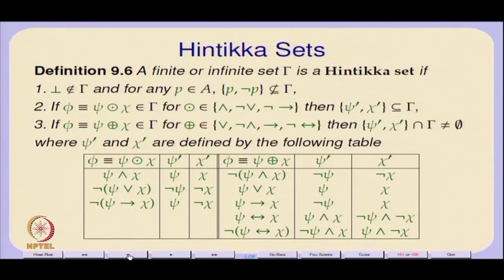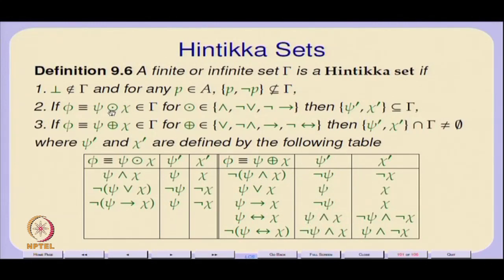The ones which have elongation rules are multiplicative operators, and the ones which have branching rules are additive operators. So, I am looking at these as operators: not of or, not of arrow. We are saying that the formula will be of the form not of psi arrow chi, but I am looking at this as a single operator, not of arrow. Similarly, in the case of not of or, not of and, and so on.